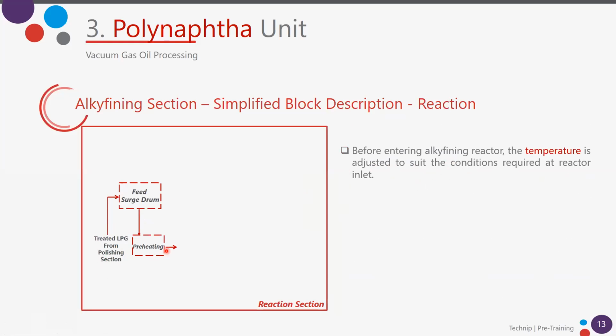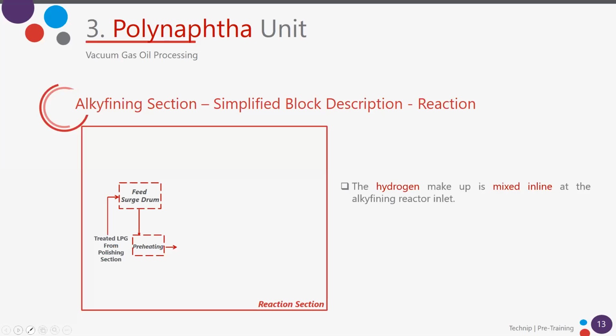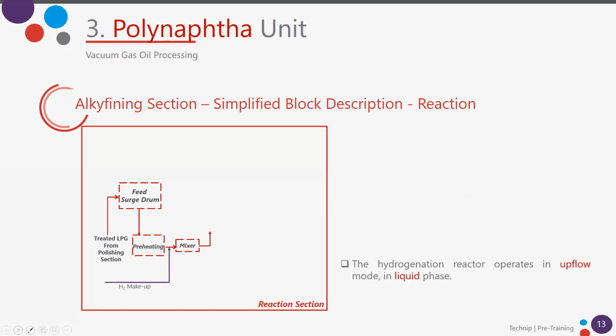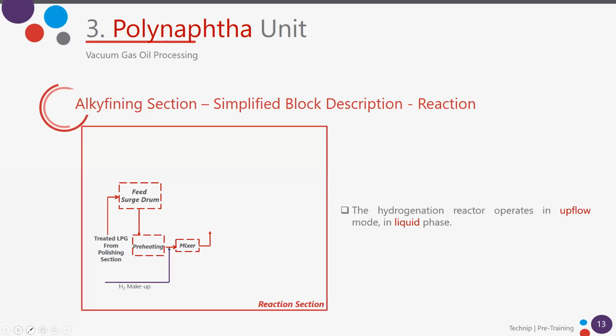So we will preheat the feedstock. The hydrogen makeup is mixed in line at the Alkyphining reactor inlet. And then we will enter the reactor.